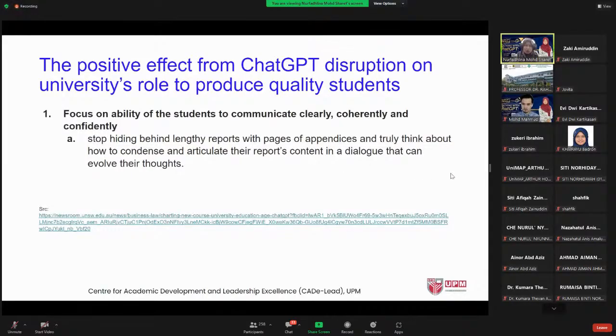Let them truly think how to condense and articulate what they have written in that report in a dialogue that can evolve their thoughts. Please create this activity in your class.